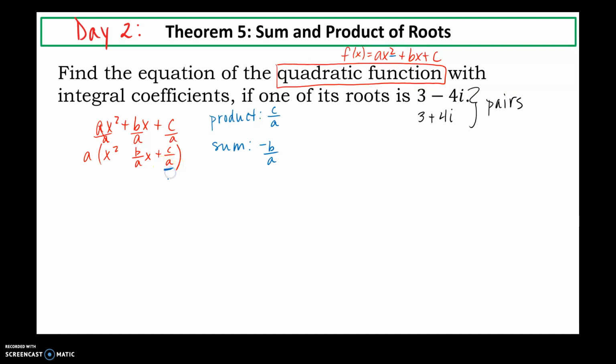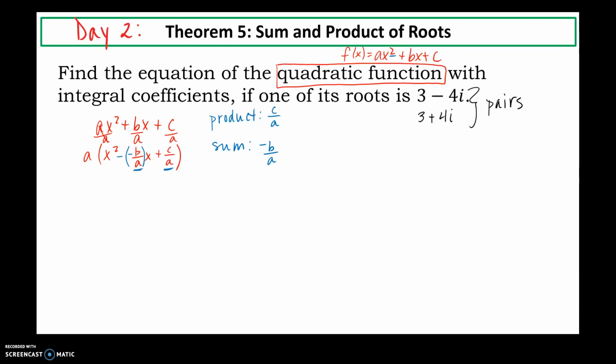Here's c over a. That's the product of my roots. Here's b over a, that's the sum of my roots, but in order to make this a plus sign, I have to subtract the opposite that I have there. So the sum is negative b over a. So if I take out a negative sign in front of here, I'm still left with my plus sign from the original. So look at how this works out for you.